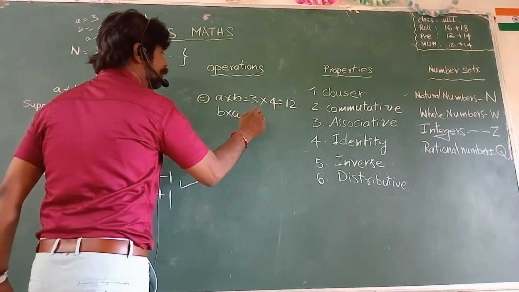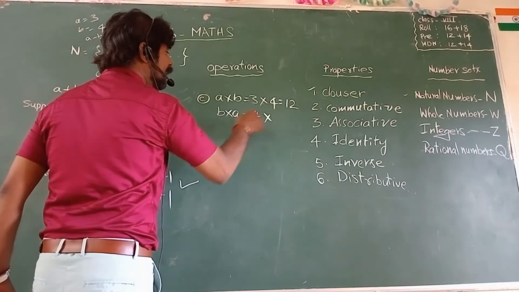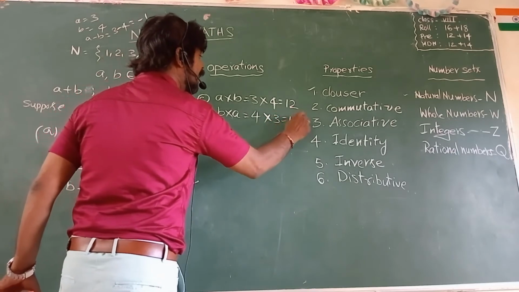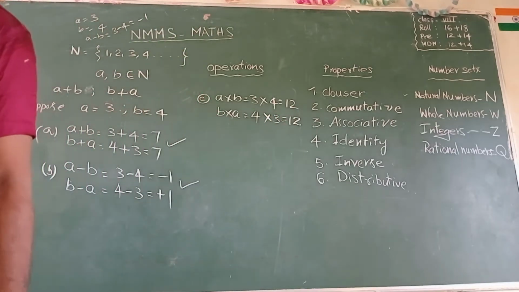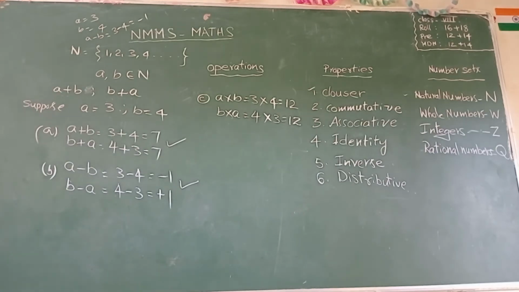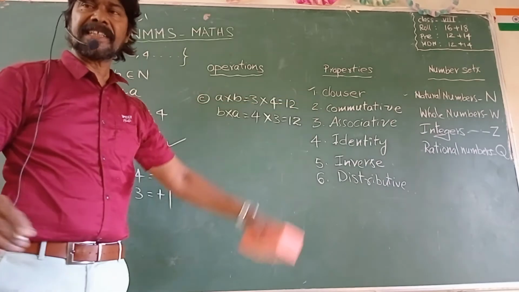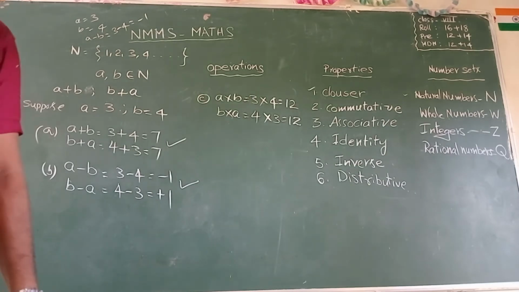B into A, B is 4, A is 3. We are getting 12. If you multiply A with B or B with A, we are getting the same answer. So this is commutative.